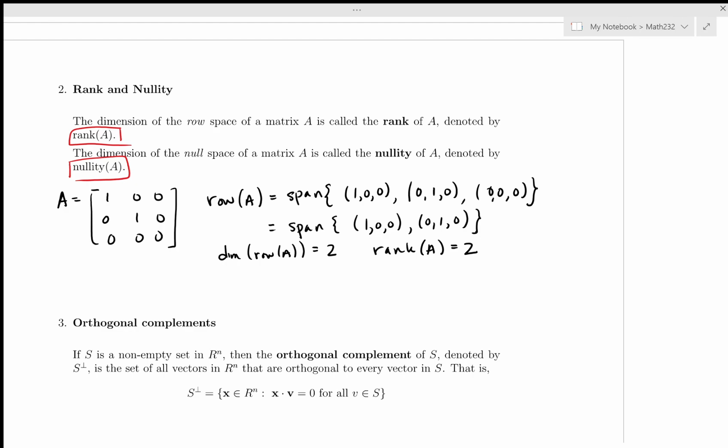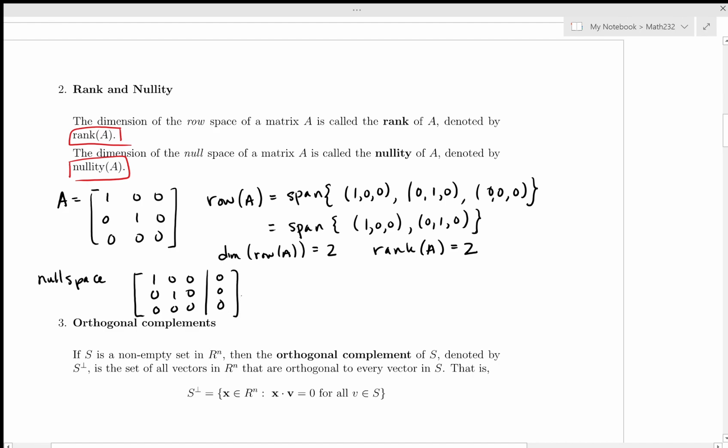Then I'm going to look at the dimension of the null space. For the null space, I take a look at the solutions to AX equals 0, and I do that by looking here at the augmented matrix and asking what the solutions are. It's already nicely in row reduced echelon form, and I see that x3 is free, x2 is 0, and x1 is 0. So the vectors in the null space look like this, where t is a real number.